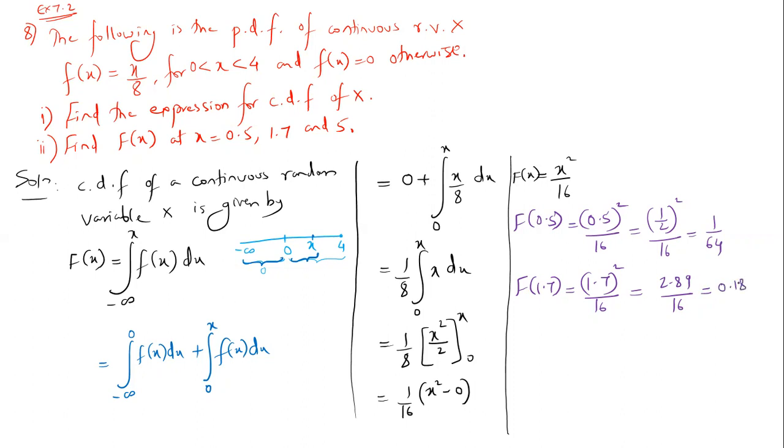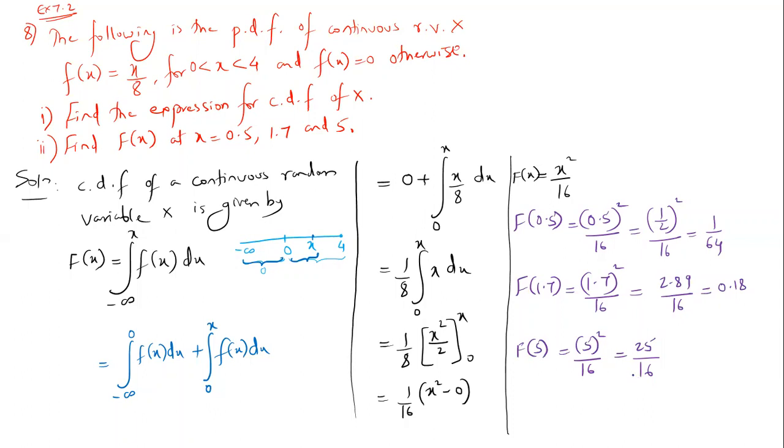And the third one again is F of 5, which is 5 square upon 16, which is 25 by 16. But again understand, when I put x equal to 5, I might get this answer 25 by 16.